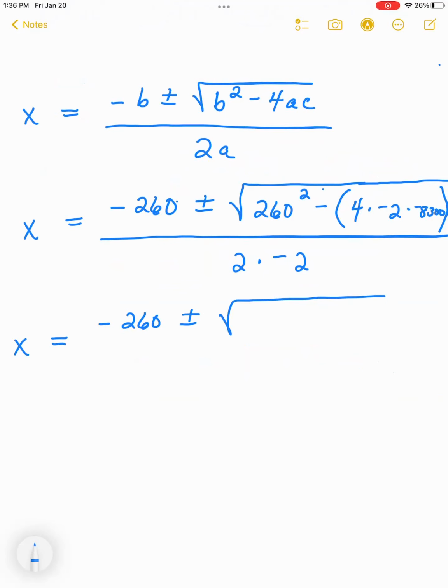Let me type in my calculator, 260 squared. That's 67,600 minus. Notice I've got the 4AC part inside parentheses. I recommend that you always do that. Always put 4AC inside the parentheses there. That will make sure that you keep your signs correct.